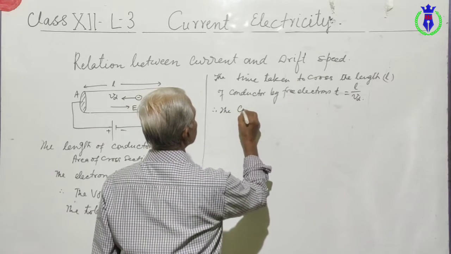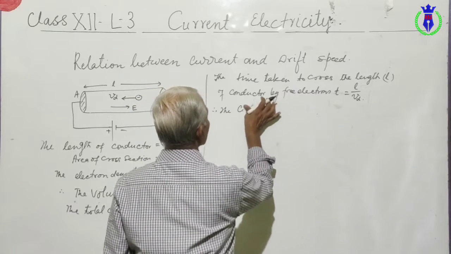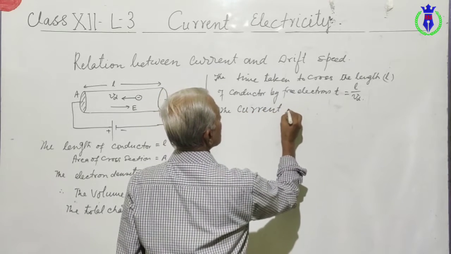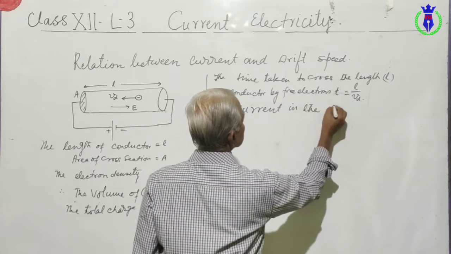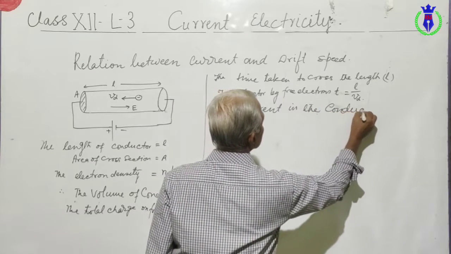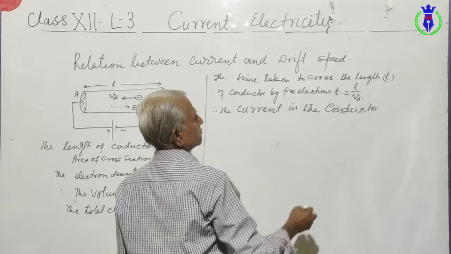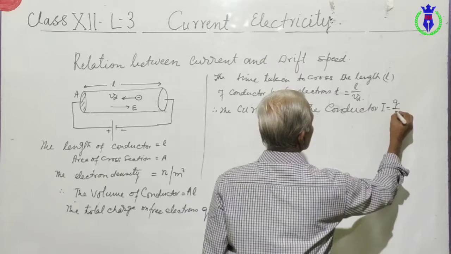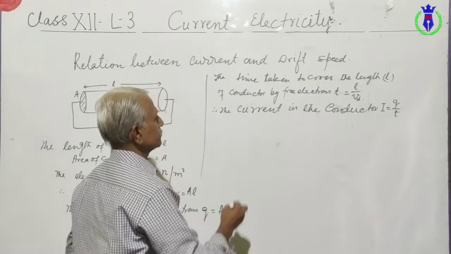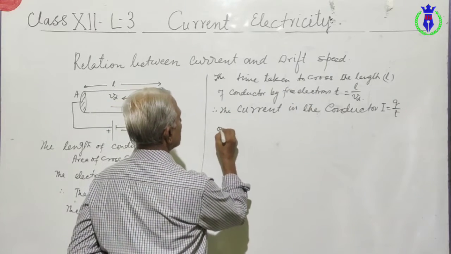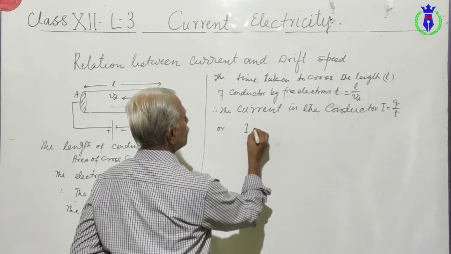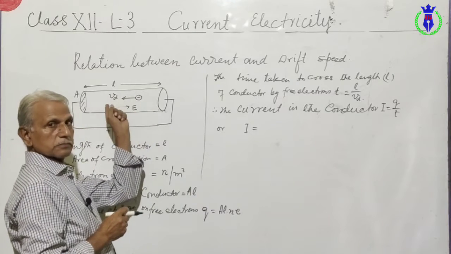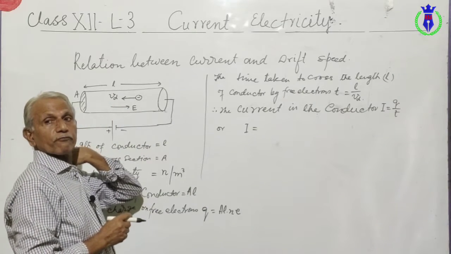The current I in the conductor is equal to Q upon T, or I is equal to, we know the value of Q, the total charge, electronic charge in the conductor.